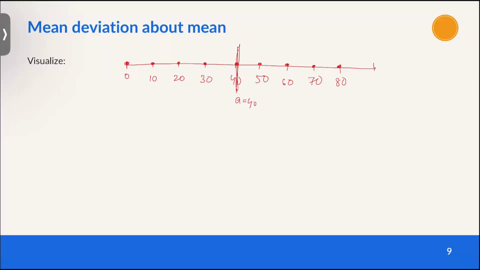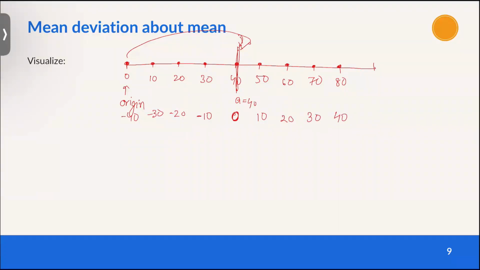So for this, we are shifting the origin. If this is the origin, we are shifting the origin to this point. Okay. So we'll say 40 minus 40, this is 0 deviation. Then 30 minus 40, which is minus 10 deviation. 20 minus 40 is minus 20, then minus 30, and then minus 40. Okay, for each point. Similarly, here we have 50 minus 40 is 10, 60 minus 40 is 20, 70 minus 40 is 30, and 80 minus 40 is 40.